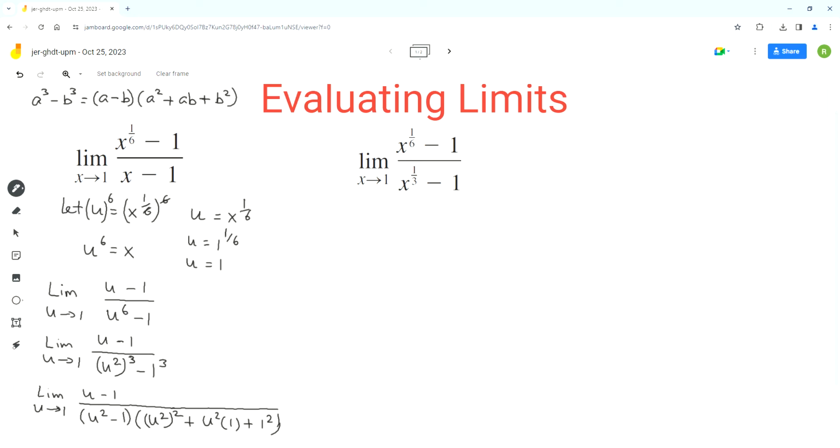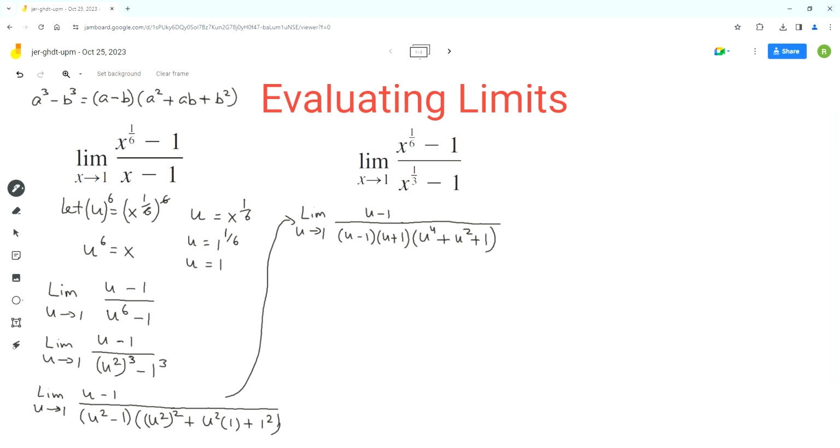Now u squared minus 1 can be broken down using the difference of squares factoring method. So in our next step, we can rewrite this as limit u approaches 1. The numerator stays the same, u minus 1 over, now u square minus 1 can be broken as u minus 1 times u plus 1, and we'll also write the other expression, which will be u to the power 4 plus u square plus 1, because u square to the power 2 is u to the power 4.